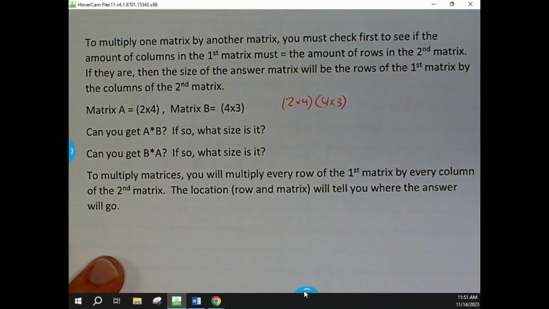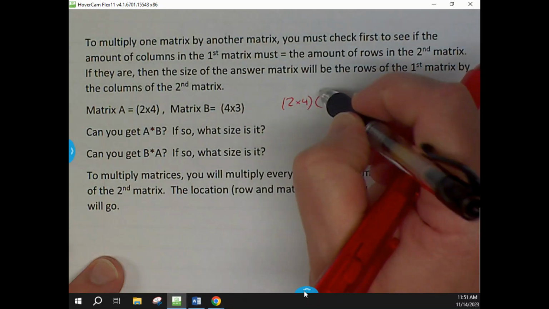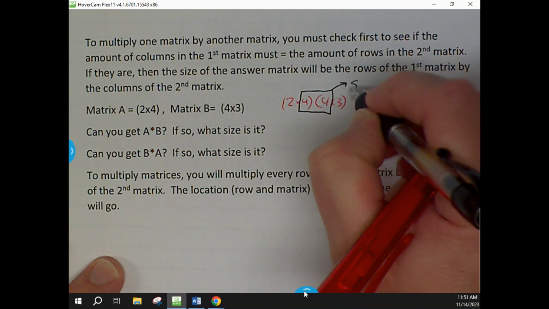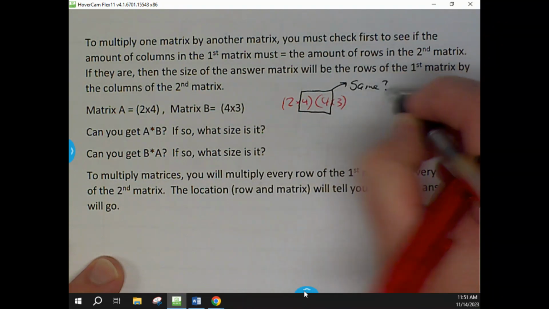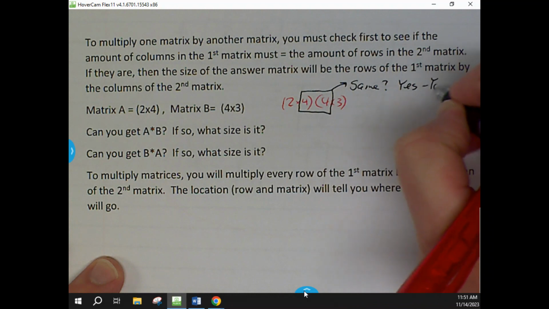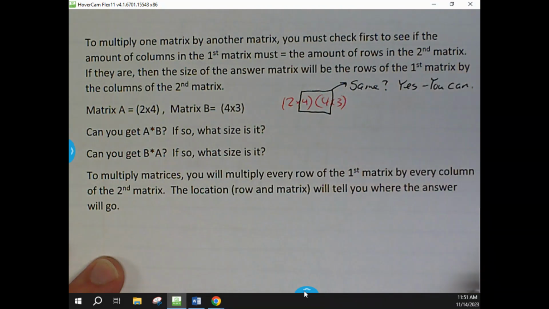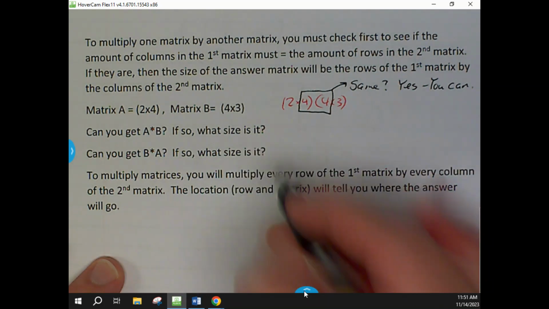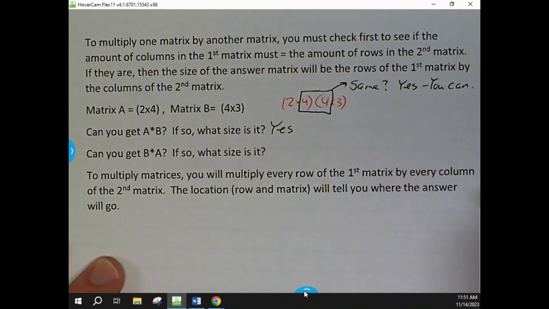And here's all you have to do with the sizes: as long as these two sizes are the same, then yes, you can. So if the middle two numbers match up, if these are the exact same numbers, then yes, you can multiply these two things together.